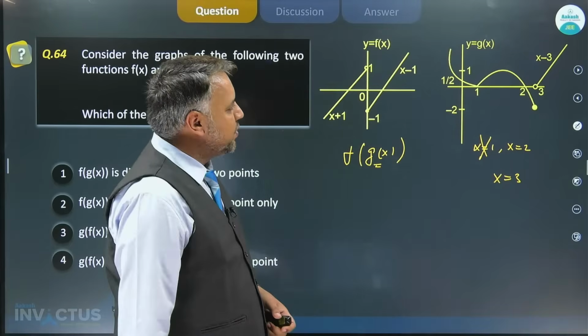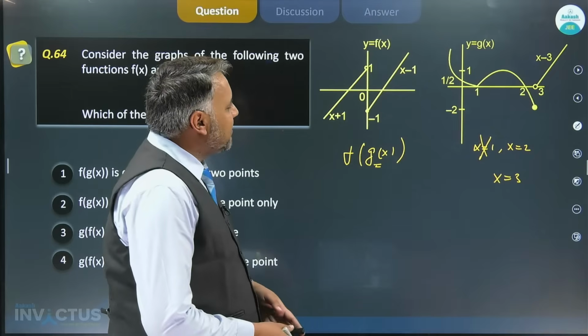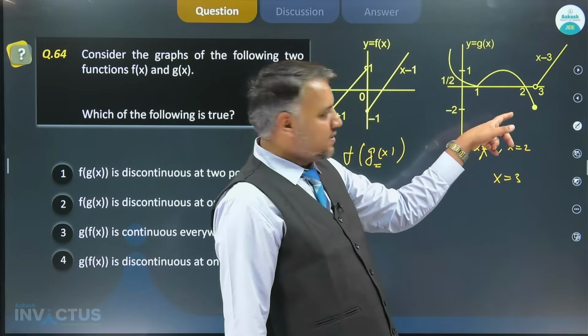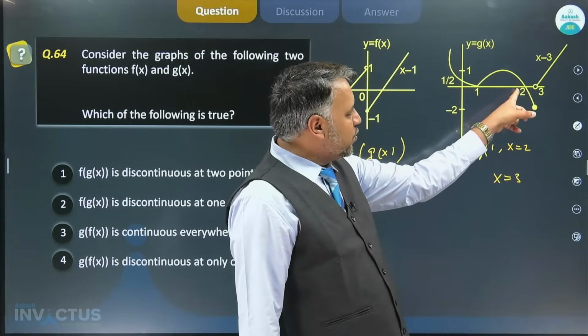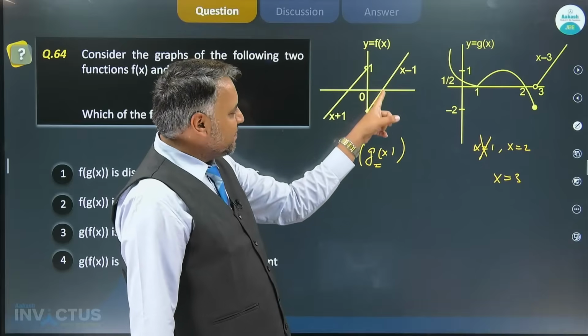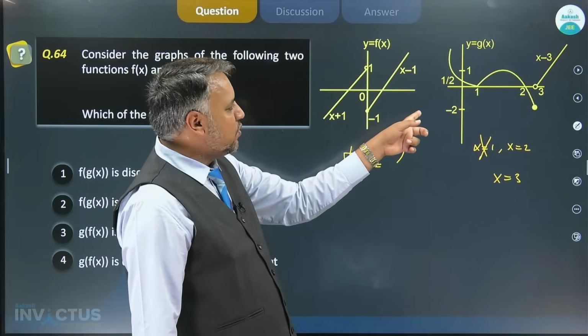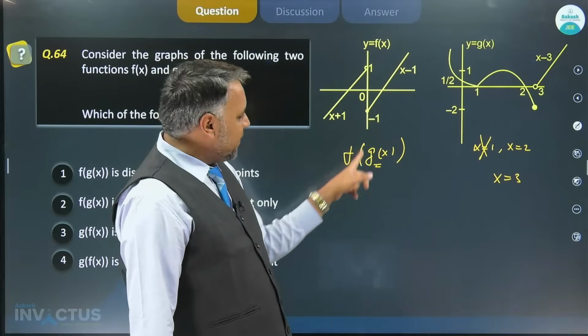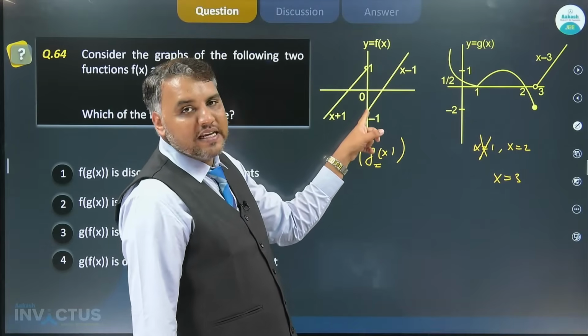At x is equal to 1 the function will remain continuous. Now at x is equal to 2, gx crosses the x axis. So from left side of x is equal to 2, gx is positive, approaches 0 from positive side. So that means from left hand side of x is equal to 2, if input approaches from right hand side to 0, the function f will attain -1.